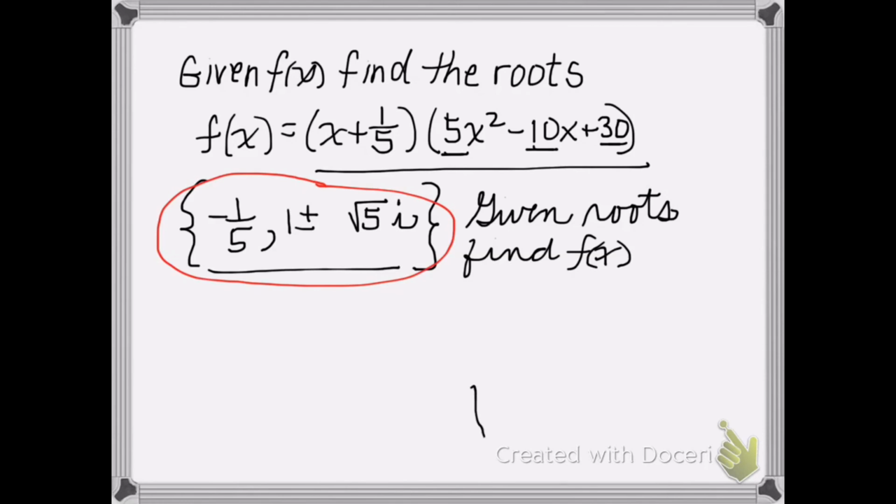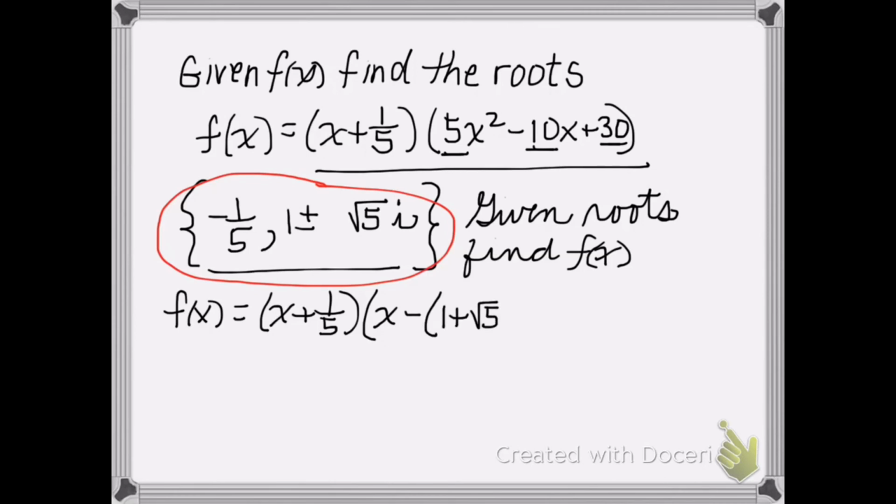If I were to say f of x is equal to x, and then I go minus a negative 1/5, which is x plus 1/5. So we already did something like that before. And then look at these other roots. So it's going to be x minus, and then put parentheses, 1 plus rad 5 i, and then times x minus 1 minus rad 5 i.